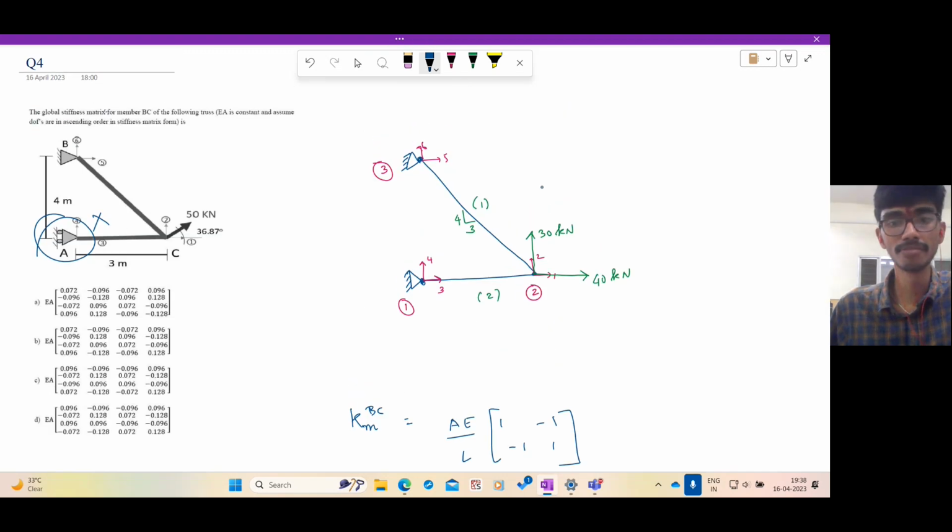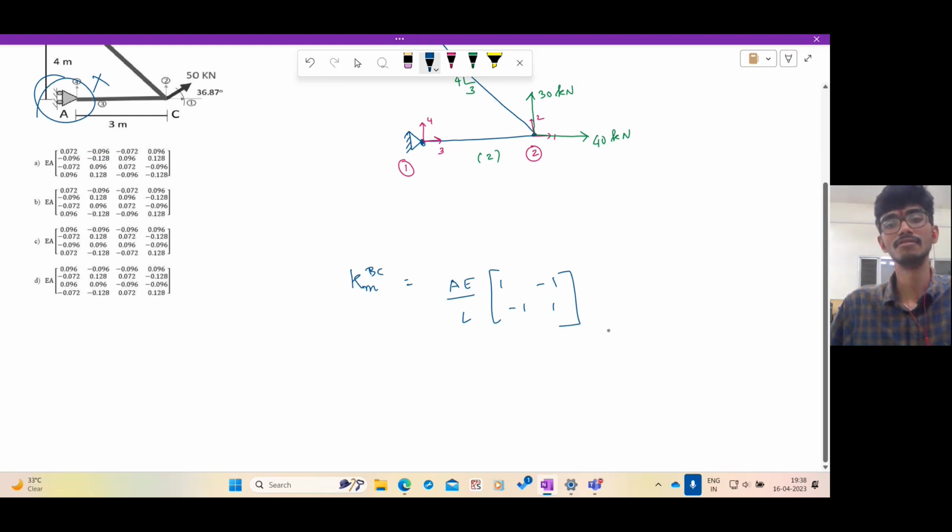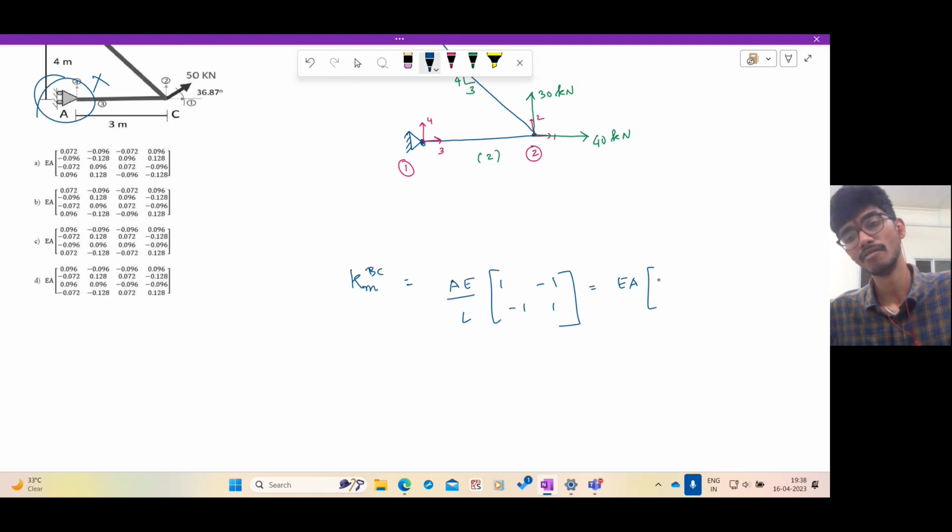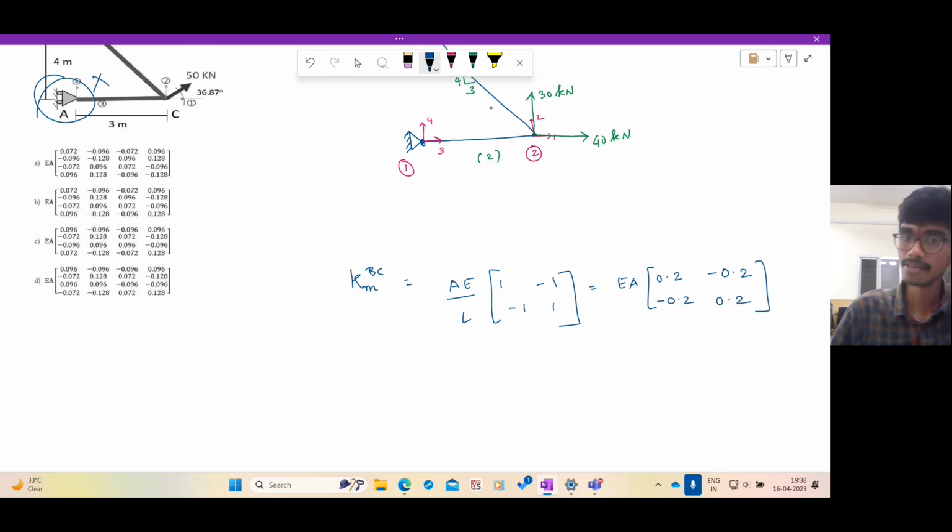What is L? L for the member BC is 5 meters, the square root of 3 squared plus 4 squared. So this is nothing but EA times 0.2, minus 0.2, minus 0.2, 0.2. What is the angle? This angle is 53.13 degrees. Tan inverse of 4/3 is 53.13 degrees.